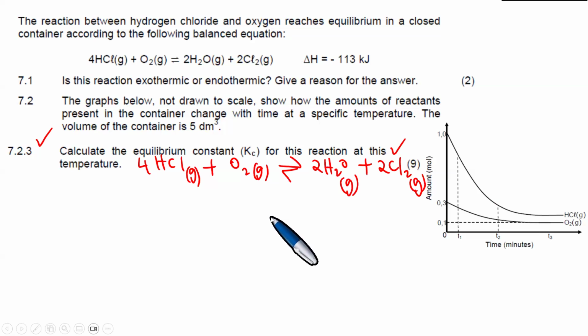We want to calculate the equilibrium constant.